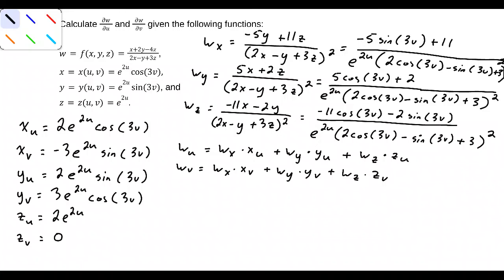Now we have these expressions. We're actually finding a dot product in essence, as we've seen before, with these two sets of functions.